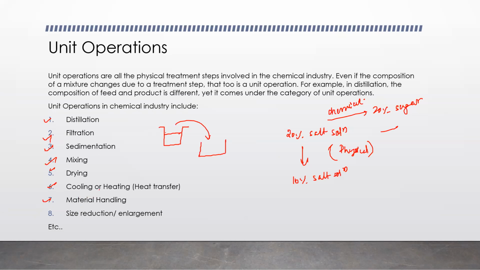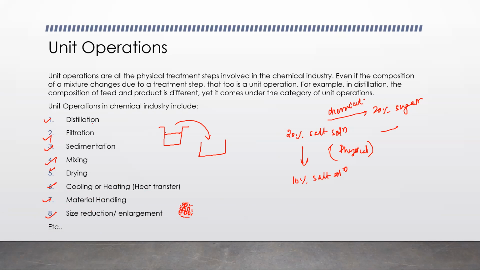Then we have size reduction or size enlargement. In size reduction, we break something into smaller pieces, and in size enlargement, we accumulate smaller pieces together and bind them to form a large piece. That comes under unit operations.